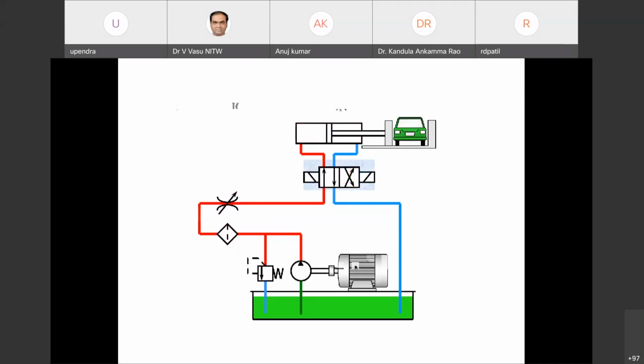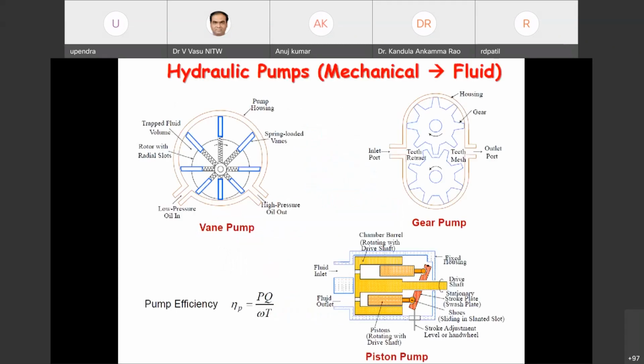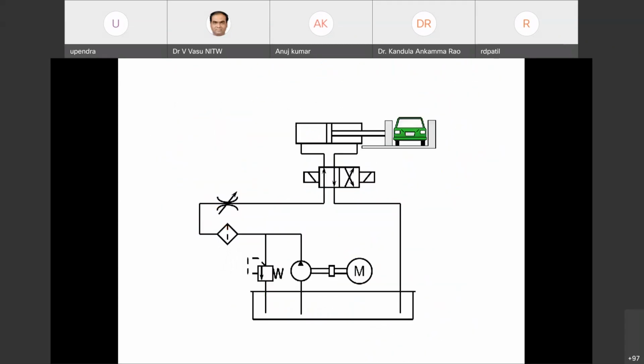These are all basic symbols that are going to be used, and this is the schematic representation of the exact circuit. This is called the hydraulic circuit design.